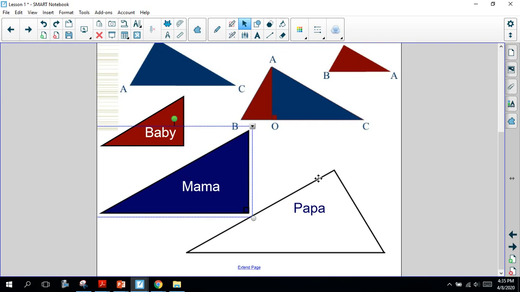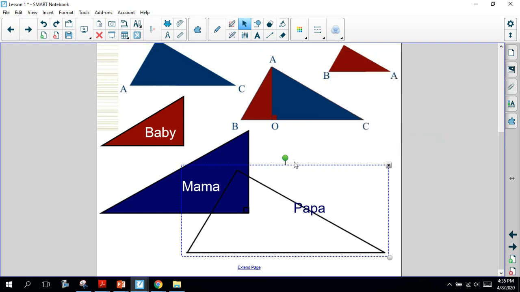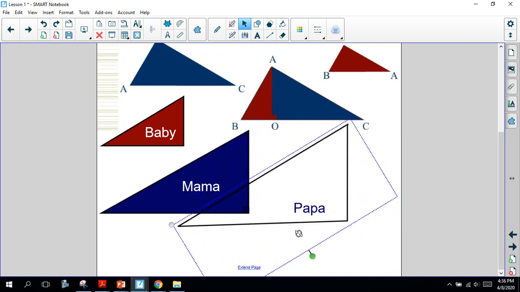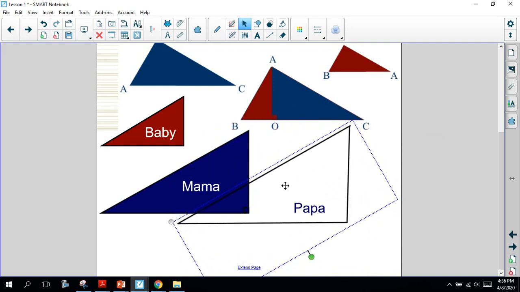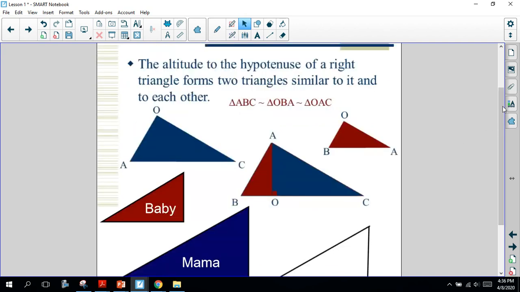And then finally, the large one, the original big triangle that we drew the altitude in, we're going to refer to as the papa bear triangle. And if I take this and flip it and rotate it around like I'm doing, you can see that those three triangles do appear to be similar. Same shape, not the same size, but they are the same shape, making them similar.